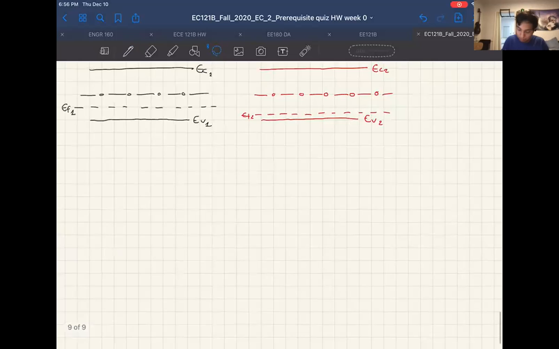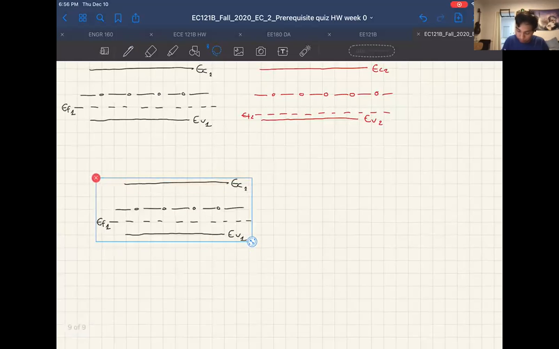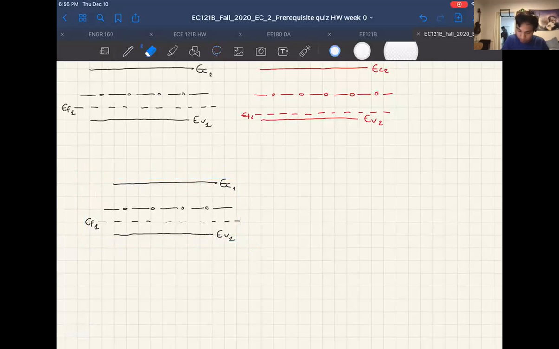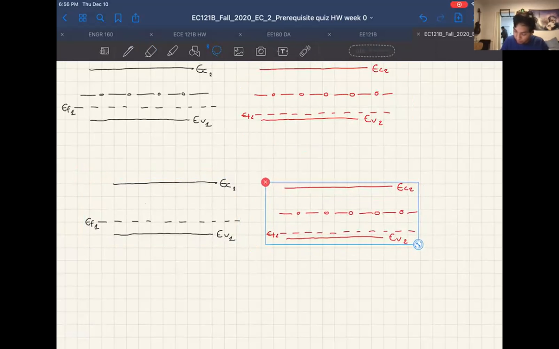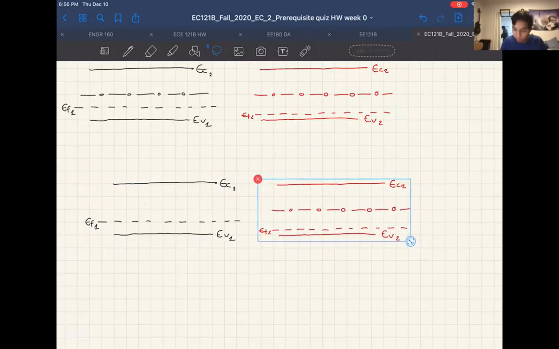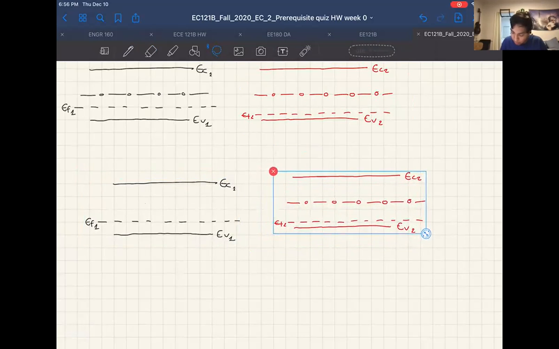you can take bar number 1. We don't need that anymore. You can take bar number 2. And then you can focus on just aligning the Fermi levels, because you know that's what has to remain constant through both of them.